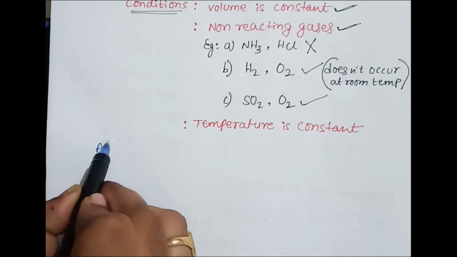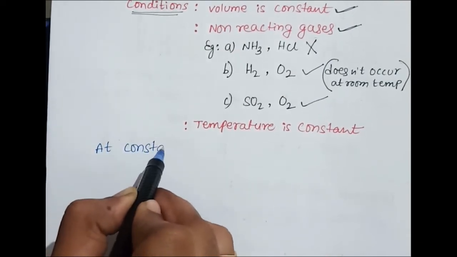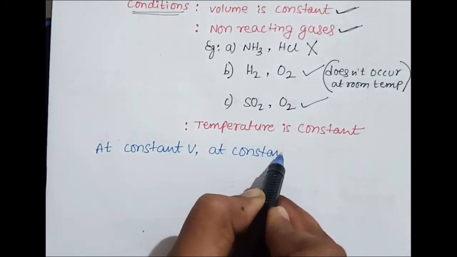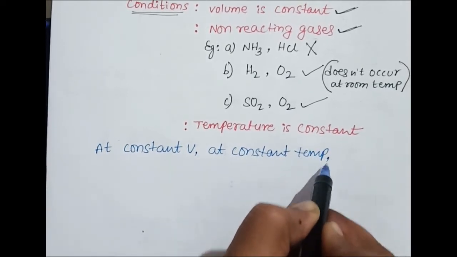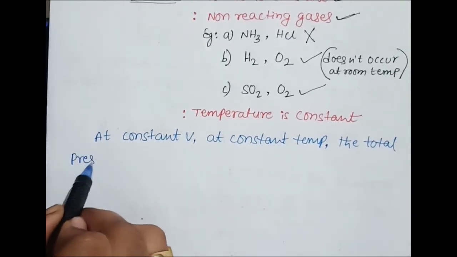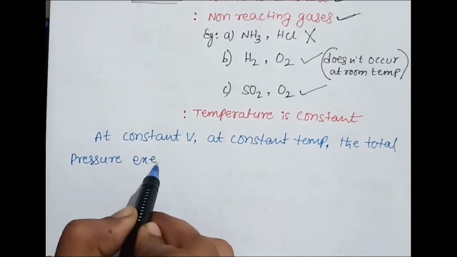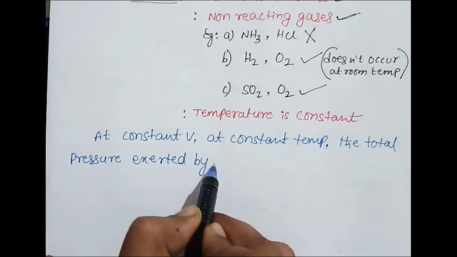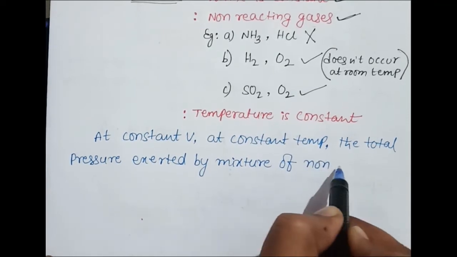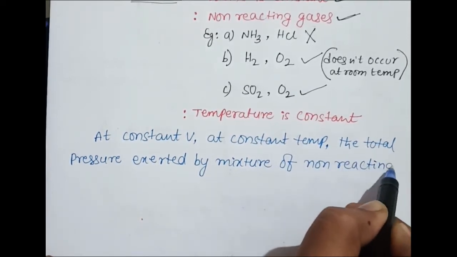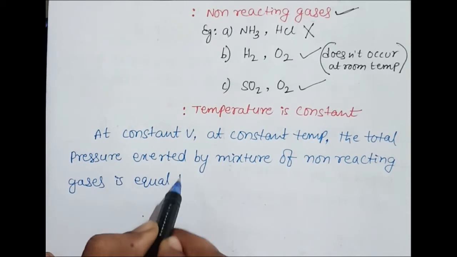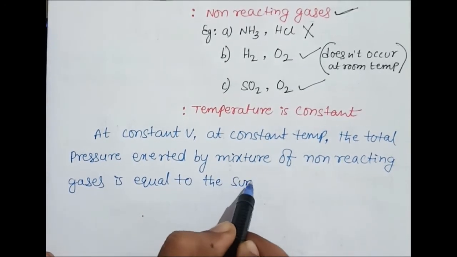At constant volume and at constant temperature, the total pressure exerted by a mixture of non-reacting gases is equal to the sum of their partial pressures.